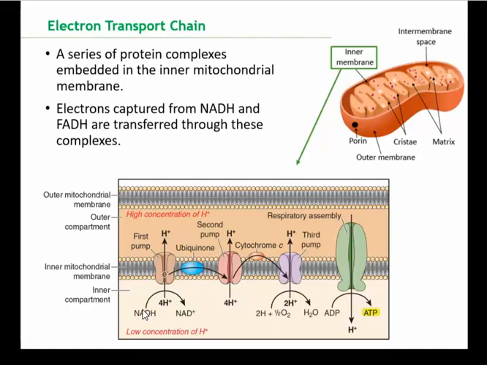They're going to produce more ATP than the FADH, where the FADH will enter in the second pump, after the first. Electrons and the hydrogens are passed from the beginning to the end of the electron transport chain down a concentration gradient from higher to lower concentrations of hydrogen. This is going to release energy as they pass from one cytochrome to the next down the electrochemical gradient.